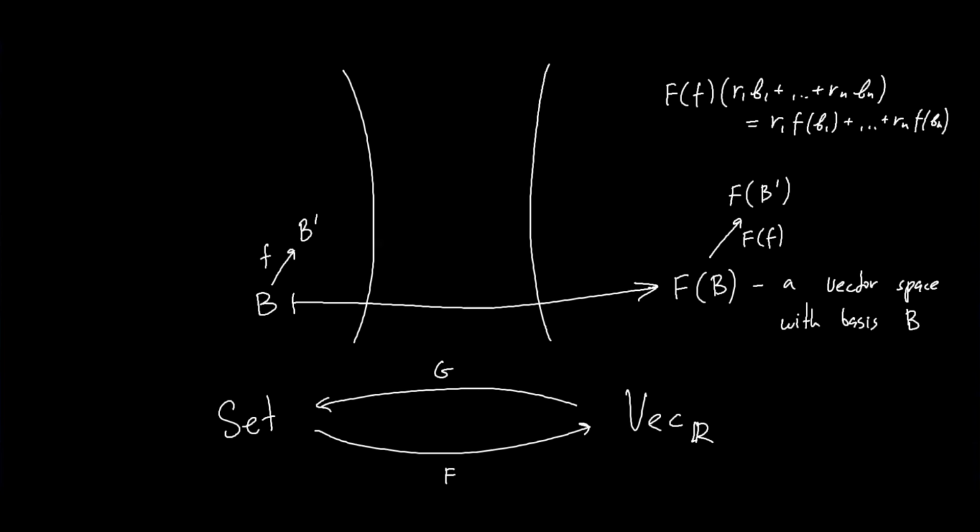What about a functor backwards? If I have a general vector space V, what is the most natural way of creating a set? Well, there are two ideas that come to mind.